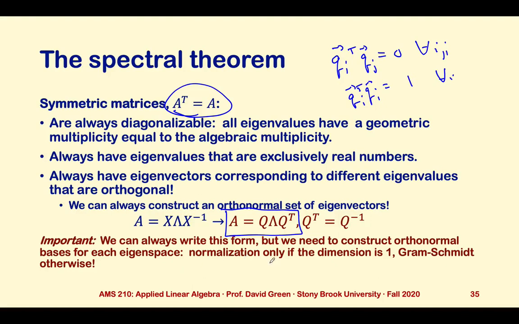Only the normalization step, very straightforward. But when we have eigenvalues that give rise to a 2-dimensional or 3-dimensional eigenspace, we need to apply something like Gram-Schmidt to get our orthonormal vectors. We have all of the tools to do this, however. It's simply a matter of applying it rigorously.